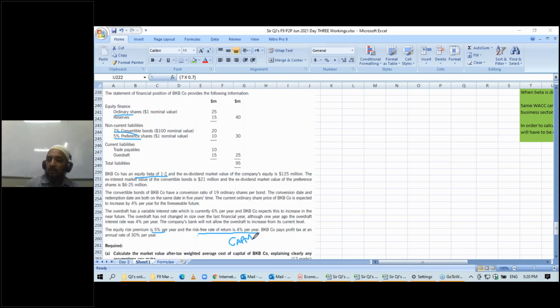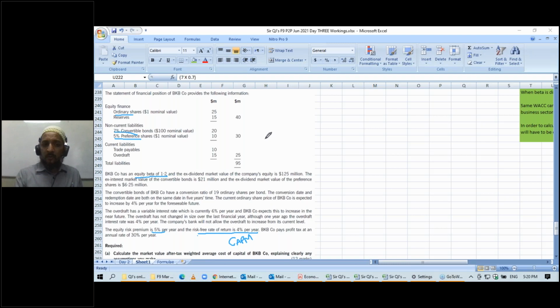Dividend growth model or CAPM? You will prefer the capital asset pricing model, because it is considered amongst financial management people to be superior to the dividend growth model, right? And why, we will discuss a bit after doing this question. Okay, so let's start doing this question.